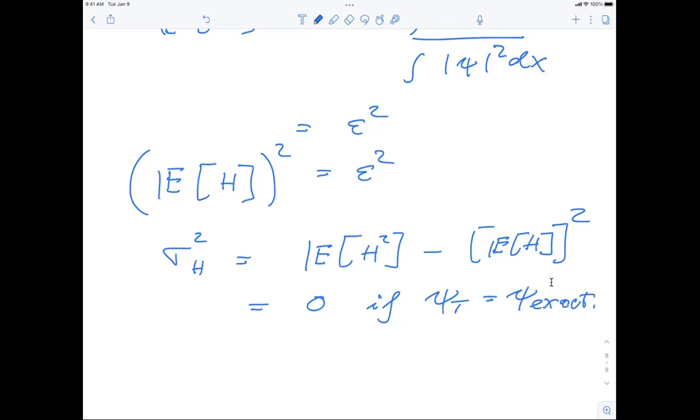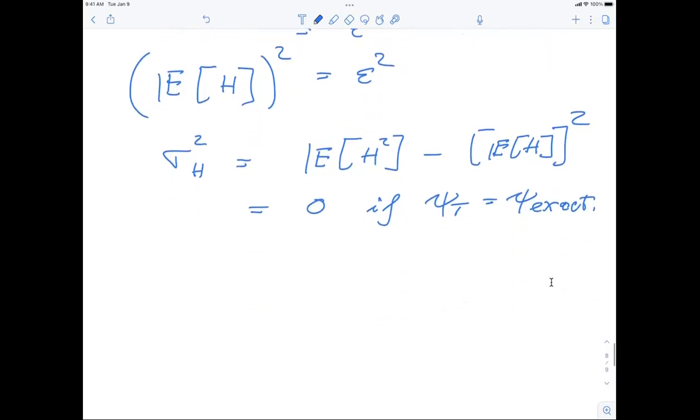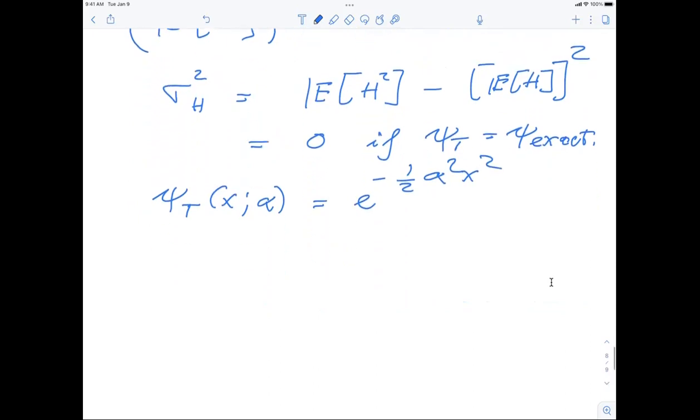Now, calculating the variance is something which is a little bit more tricky, and I'm just going to give you the answer here for this specific case. So if we go back to psi_t as a function of x and alpha, equal to this trial wave function which we opted for here, with alpha squared times x squared. This has again been put back into a dimensionless variable, so x is a dimensionless quantity here.